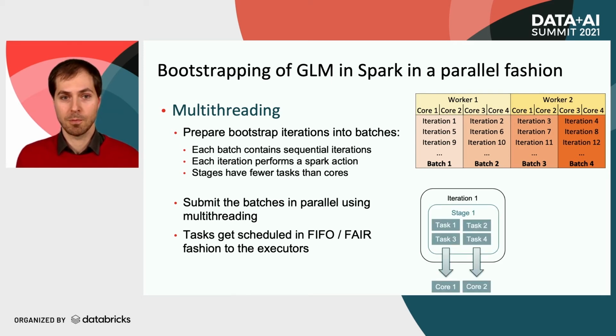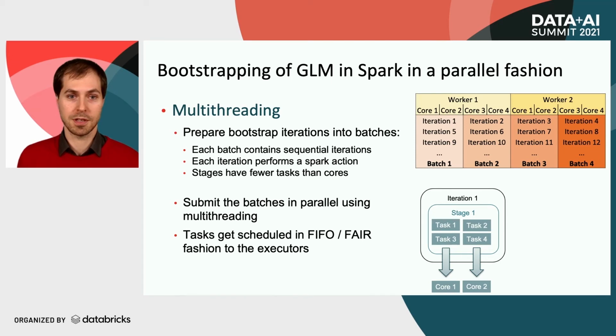So within one iteration in this picture, you can see that I have, for example, one stage. In reality, you'll probably have more stages, but let's look at one stage. In this stage, I have sized it in such a way that there are only 4 tasks. And I create so many batches that these 4 tasks will be pushed on average to just 2 cores.